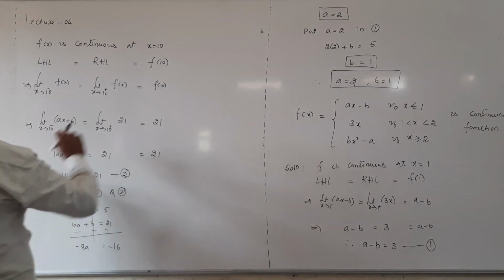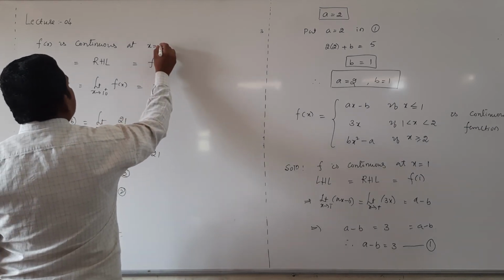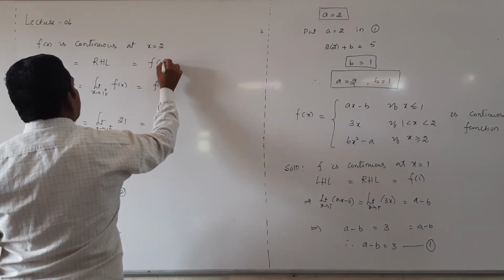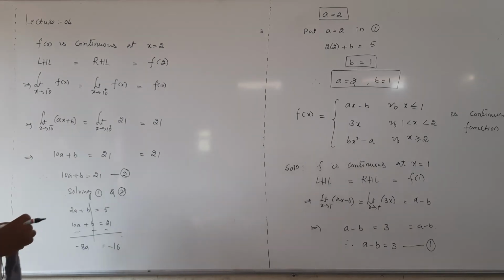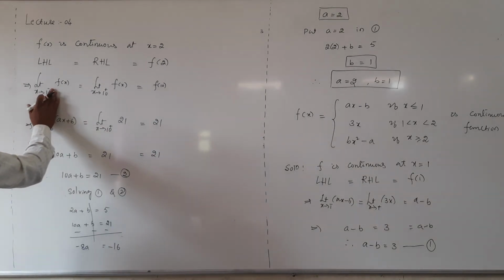Similarly, function is continuous means it is continuous at 2 also. Means left hand limit equal to right hand limit equal to functional value.